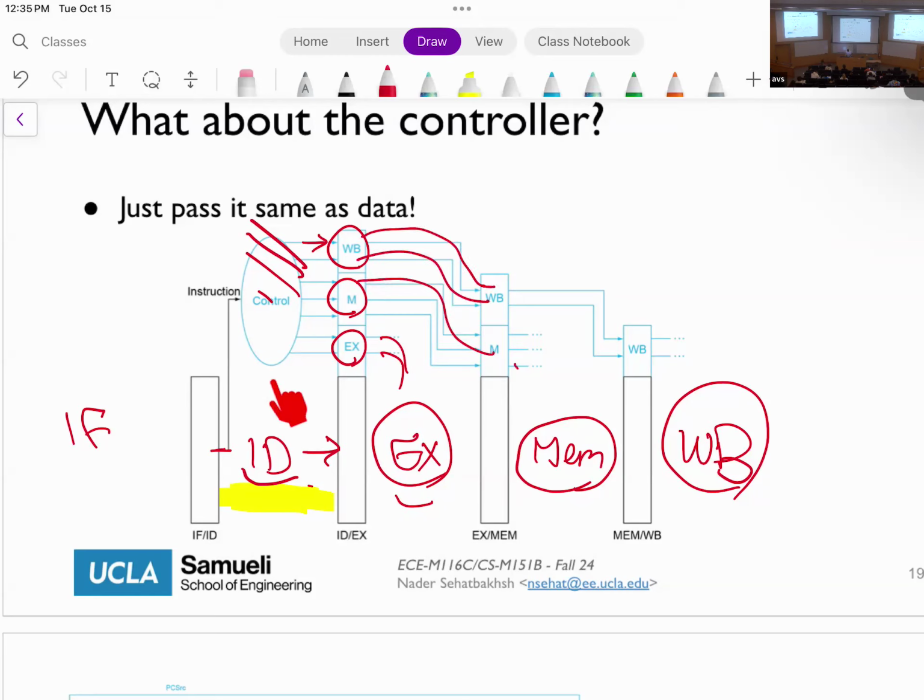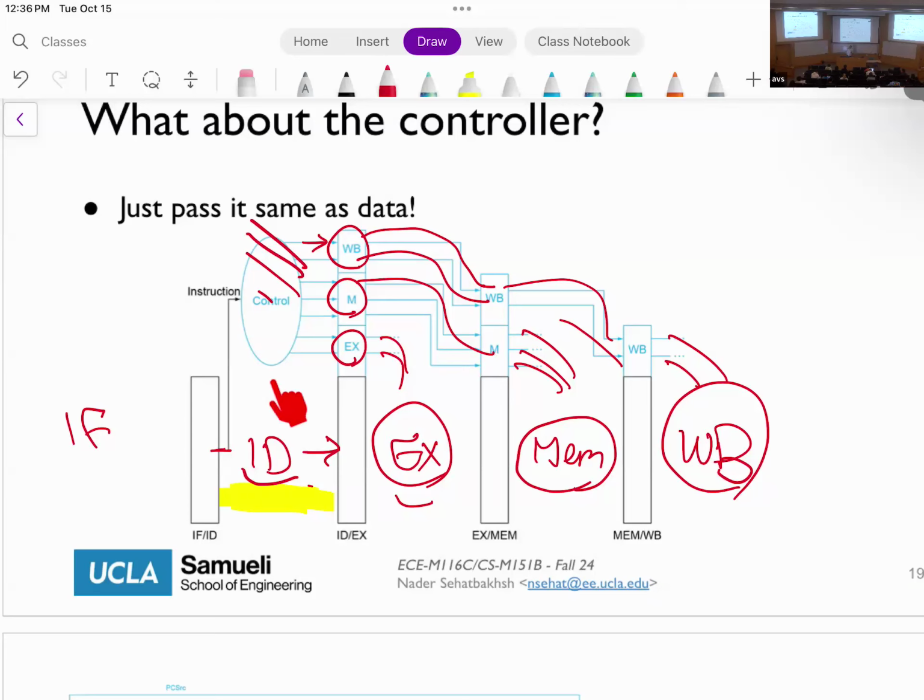Then at the memory stage, I use the memory signals and buffer the write back ones, and then here I use the write back signal. So essentially, every instruction has some control signals generated by the controller when the instruction is being decoded. I carry this information with the instruction as it moves along the data path through the pipeline stages.